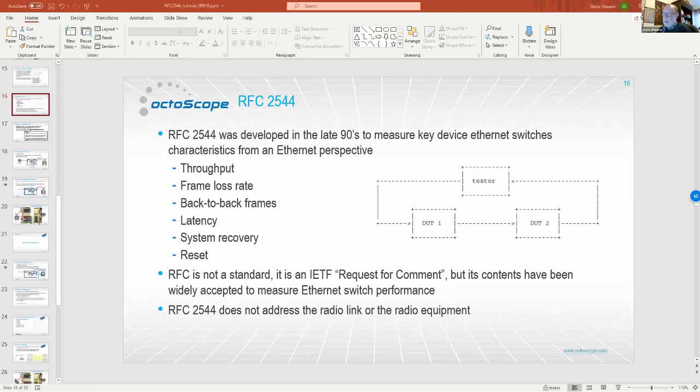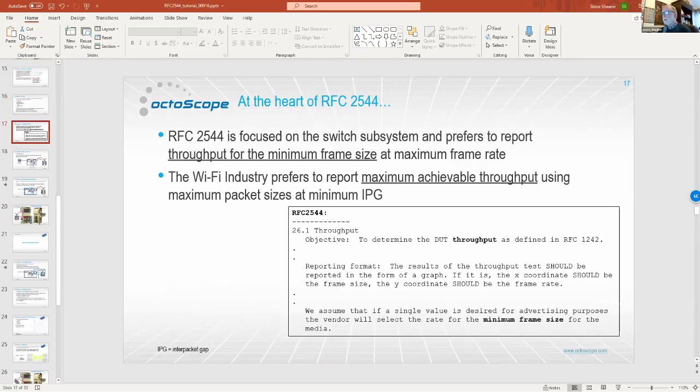So again, just a reminder, 2544 was invented to check out Ethernet switch performance. There's no mention in there of any radio performance. This is the reason why these standards evolve. So as we mentioned, 2544 is focused on the switch subsystem.